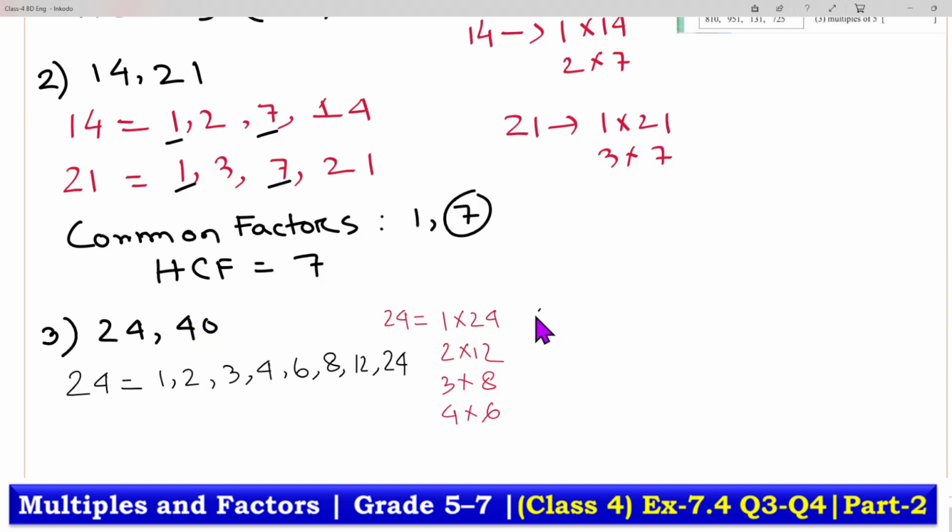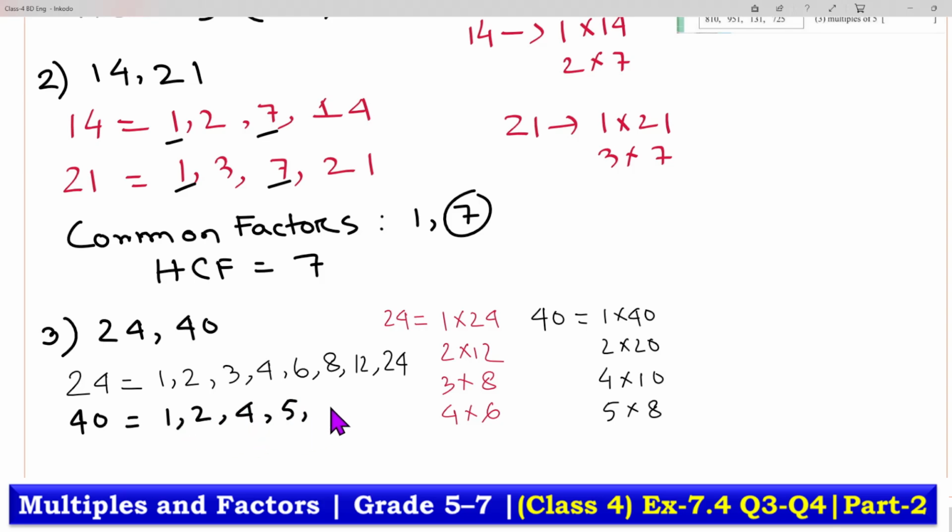What about 40? 1 times 40, 2 times 20, 3 is not possible, 4 is possible, 4 times 10, 5 is possible, 5 times 8, 6, 7 not possible, 8 already written. So 1, 2, 4, 5, 8, 10, 20 and 40 are the factors of 40.